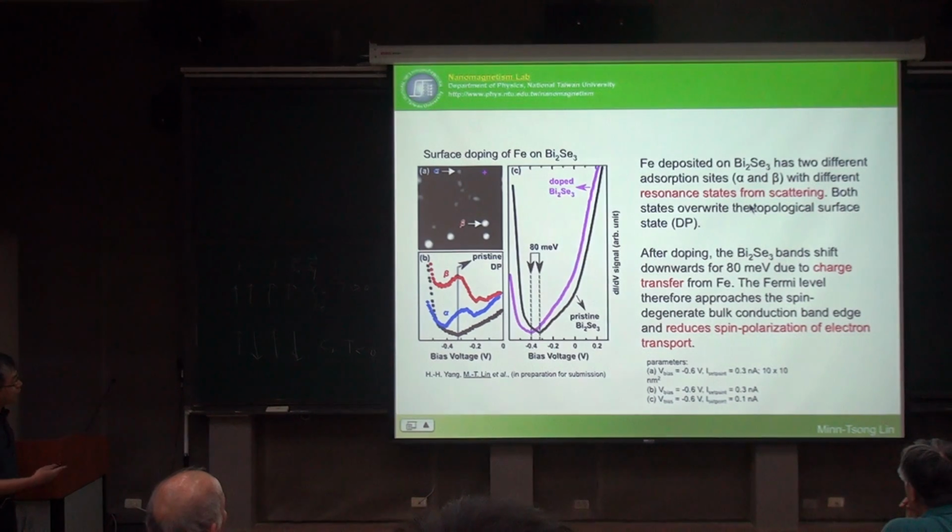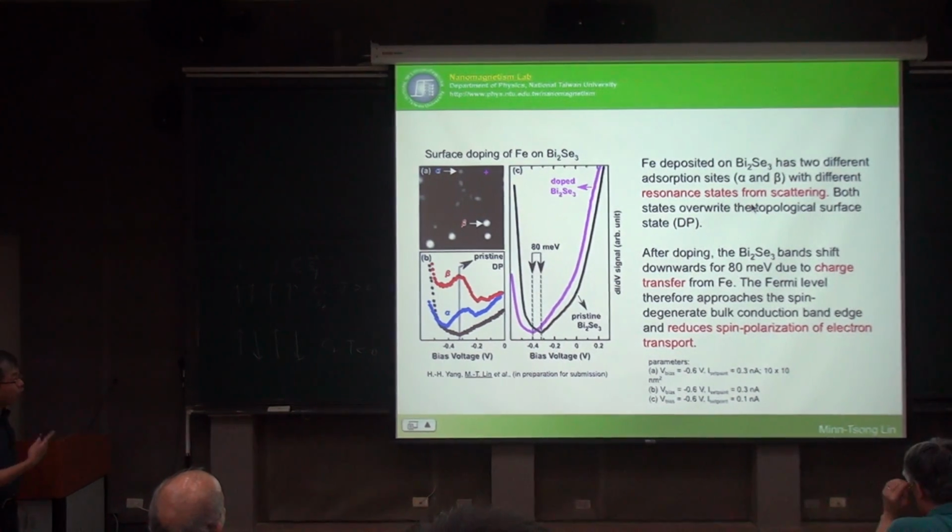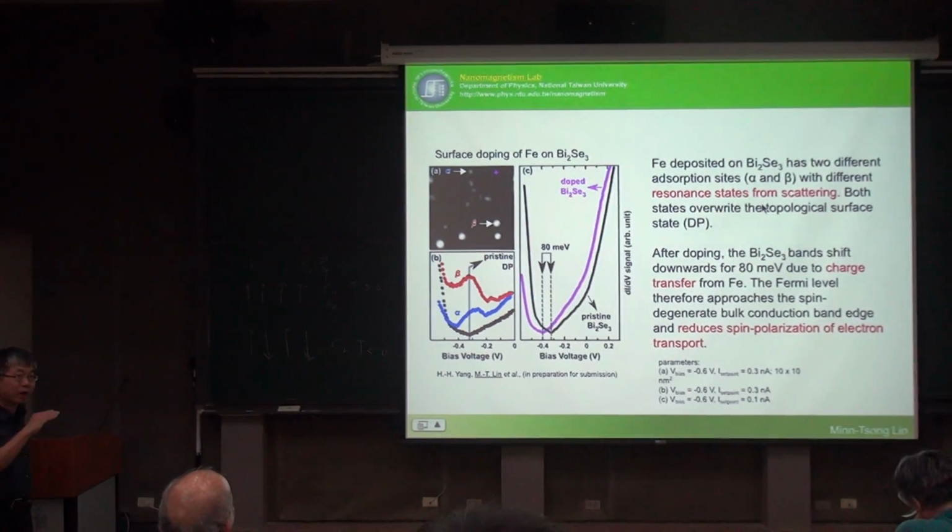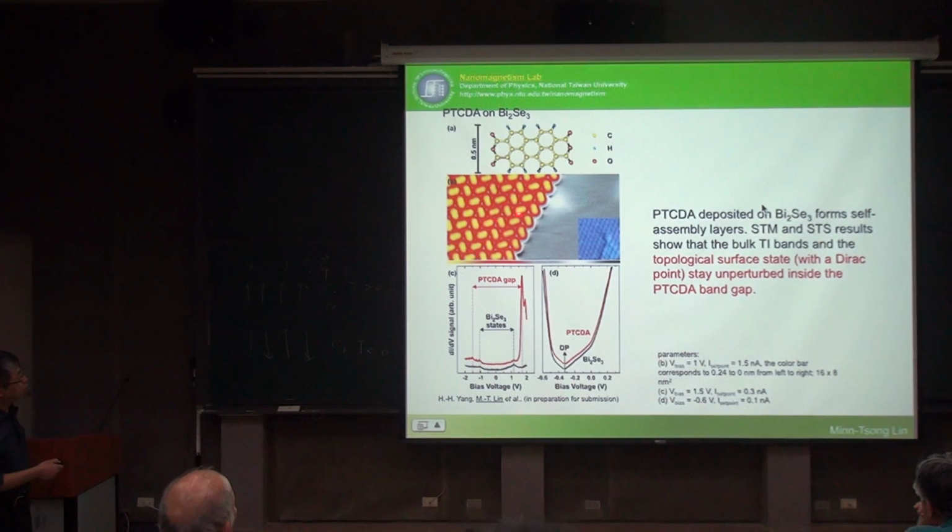Basically, he developed a new method where a simple organic material can protect the topological insulator surface. Here, for example, with the iron film you can find a shift of the Dirac point of the topological insulator. However, after capping with an organic monolayer, you can still keep the Dirac point at the same position. This is very important for device qualification using the topological insulator.